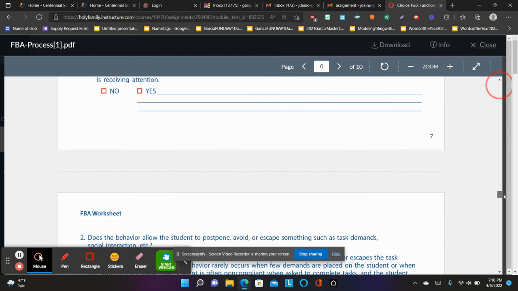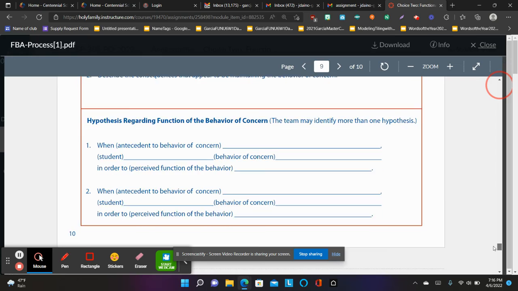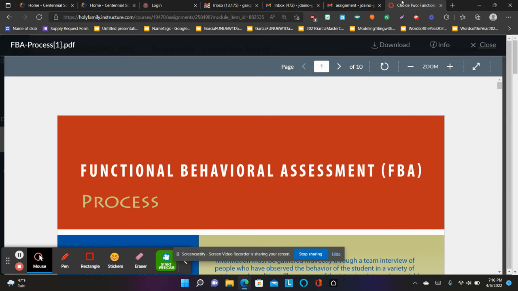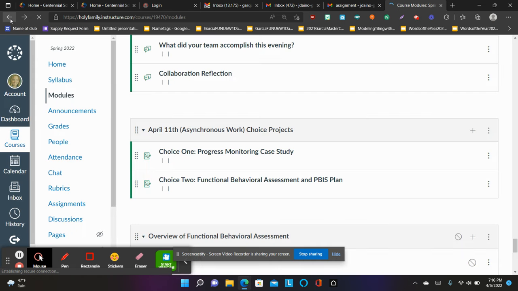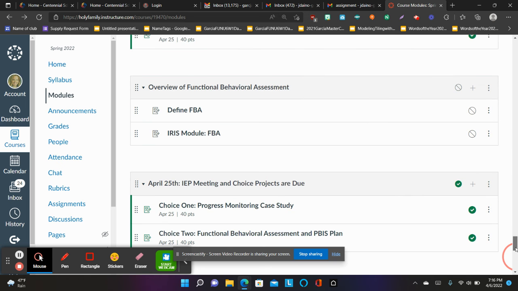So, similar to other scenarios, after reading the scenario, if you need to fill in some of the blanks, that is completely appropriate as long as it is related to an FBA and a plan. So, I will open that up again.